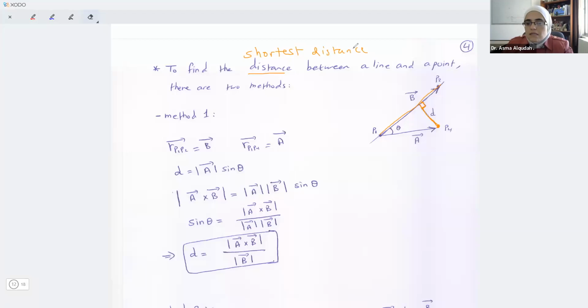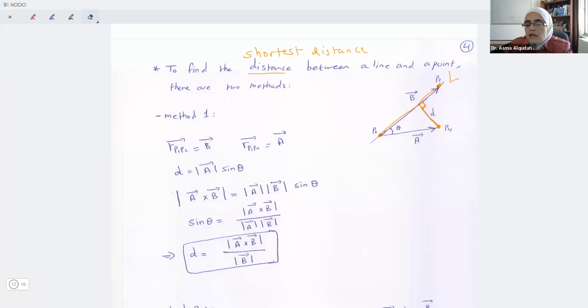Okay, the first method is that we consider the cross product. We know that in the questions we are always given the coordinates of P4 and P1 and another point on the line. So this is the line.